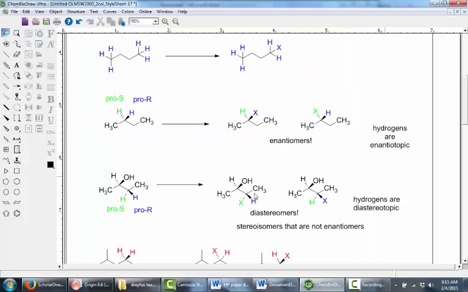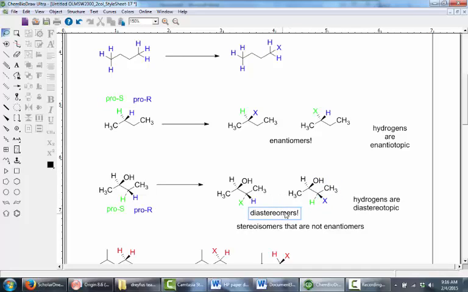My fourth case, and this is an interesting case, is where I look at these only when I have a chiral center already in the molecule. Now if I replace these two H's, this green H or this blue H, do the same swapping of an X for each atom separately, these two molecules that result are actually diastereomers of each other.